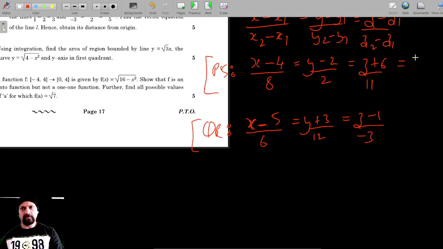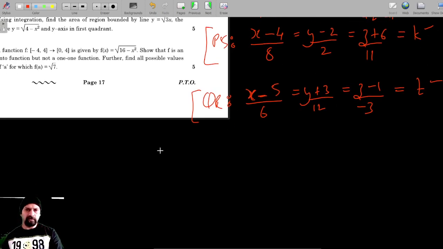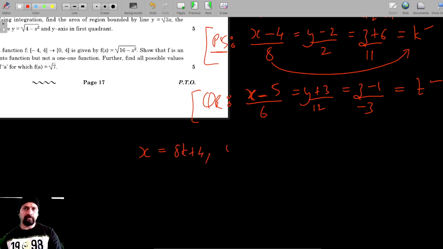Let's say this is equal to some constant k, and this is equal to some constant t. So let's get the general points for diagonal PS. If we equate this with k, x is equal to 8k plus 4, y is equal to 2k plus 2, and z is equal to 11k minus 6.